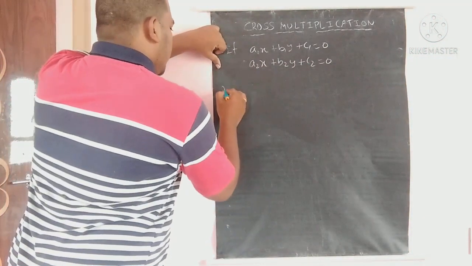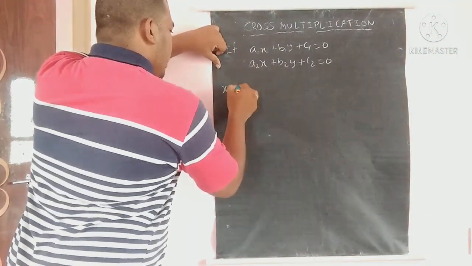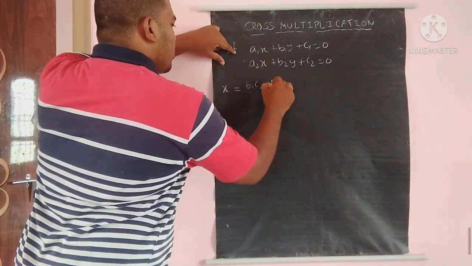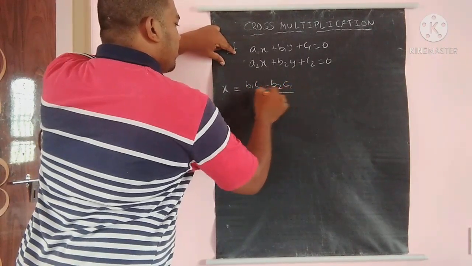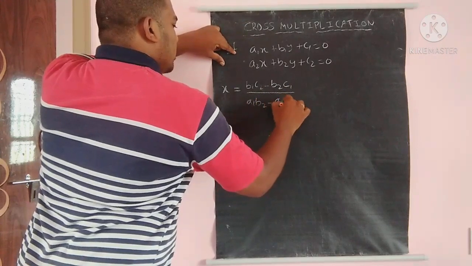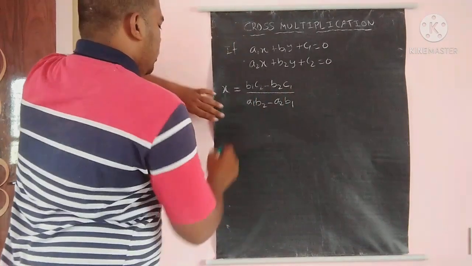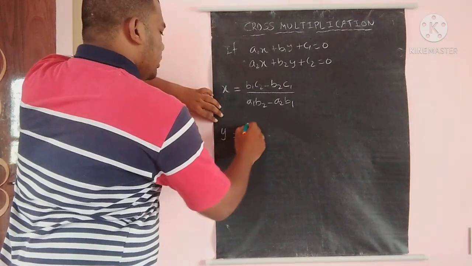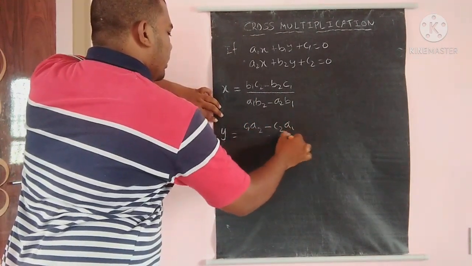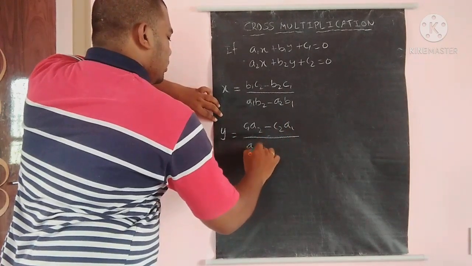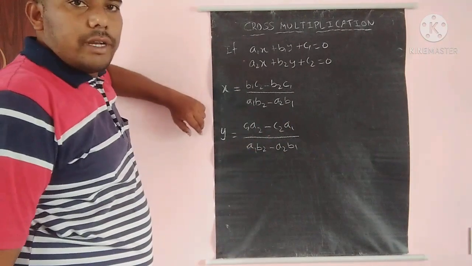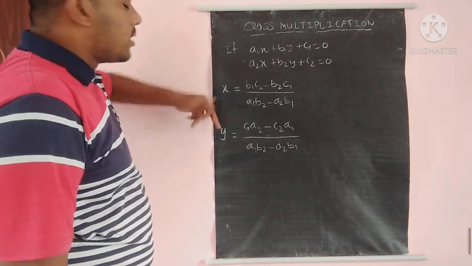Then in cross multiplication method, x value is b1 c2 minus b2 c1 by a1 b2 minus a2 b1, and y value is c1 a2 minus c2 a1 by a1 b2 minus a2 b1. So these are the values of x and y.